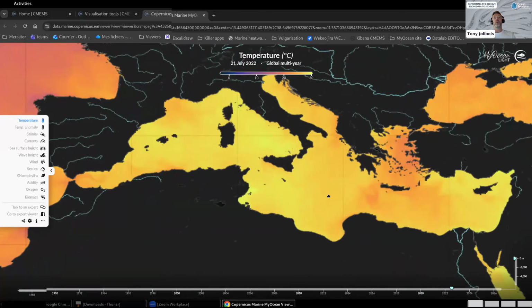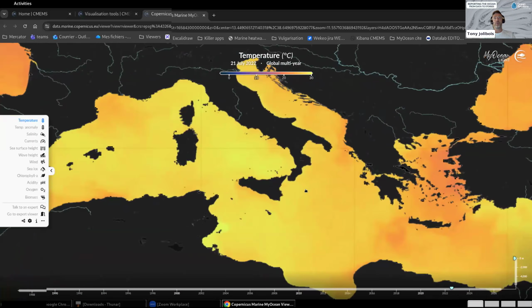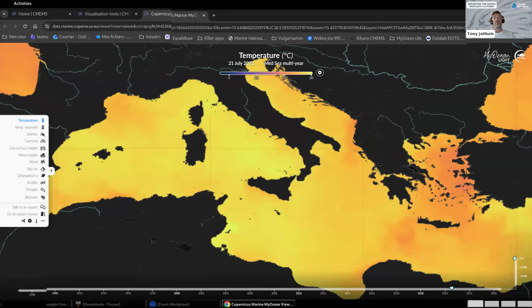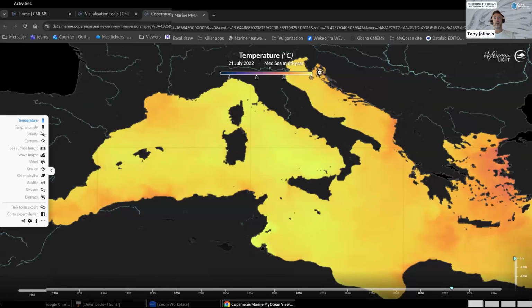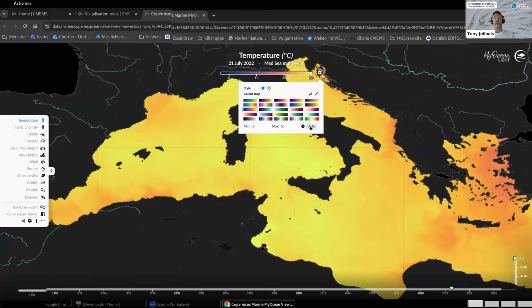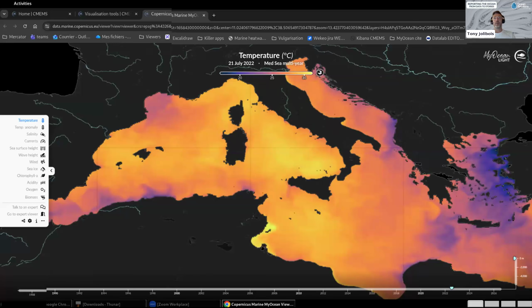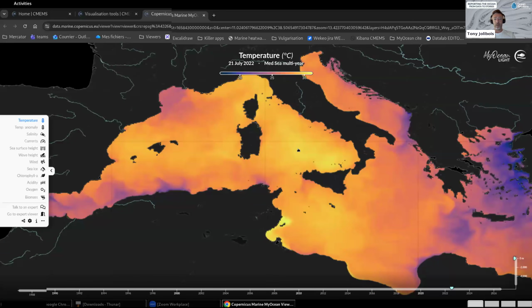And if we zoom on the Mediterranean Sea, for example, it will automatically switch to the regional product, here the Mediterranean Sea product. It means that you don't have this complexity of choosing the data among the whole Copernicus Marine catalog.